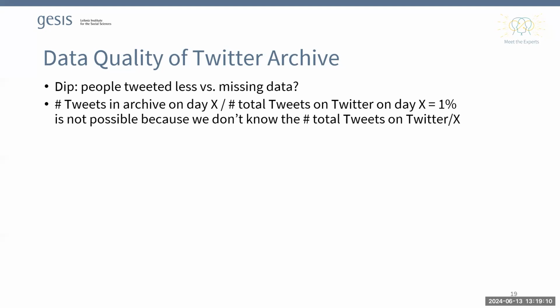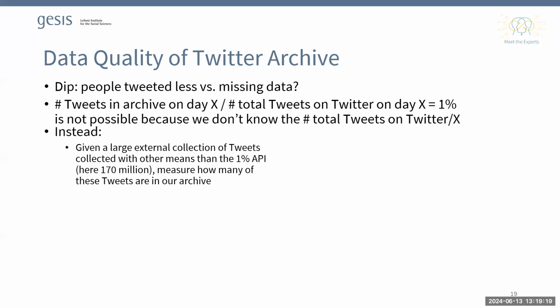But this is not possible because there aren't any statistics about the total number of tweets on Twitter per day. Instead, we used another large external collection of tweets that was collected with other filtering mechanisms, and not using the 1% API.